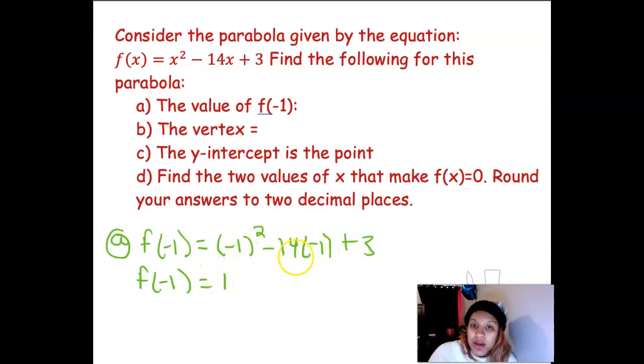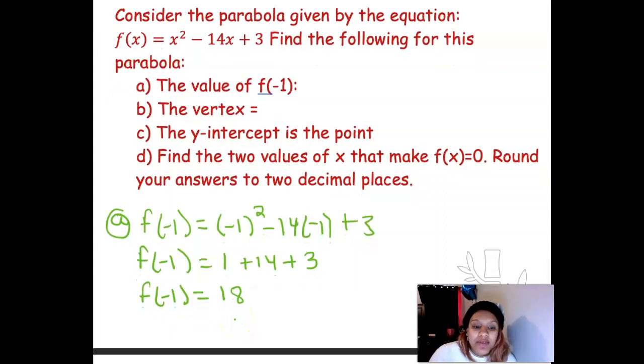Negative 1 times negative 14 times negative 1 gives you positive 14. Plus 3. We add left to right. 1 plus 14 gives you 15, plus 3, 18. So when x is negative 1, the y value is 18.